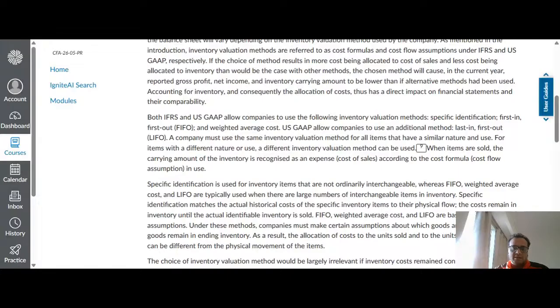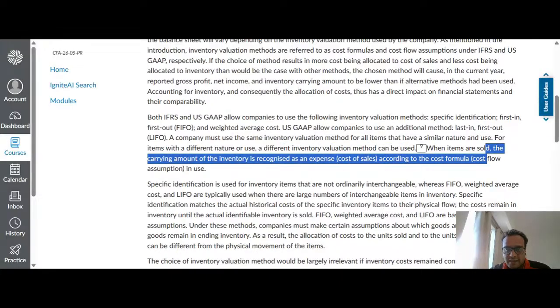For items with a different nature of use, a different inventory valuation method can be used. When items are sold, the carrying value of inventory is recognized as an expense according to the cost formula.